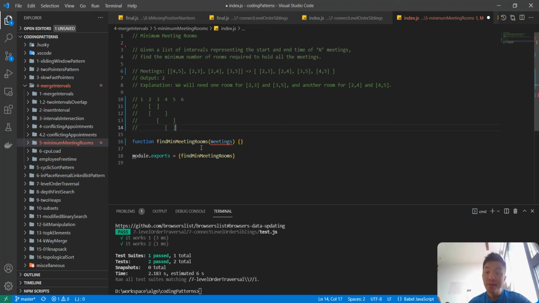But what if at a given point in time there are, for example, 4 meetings happening at the same time? Then in those cases we need 4 rooms, right?